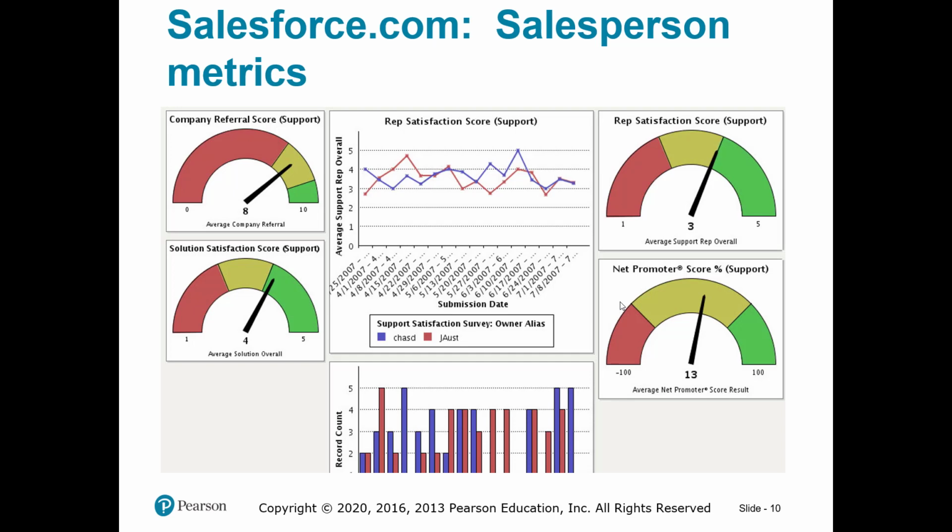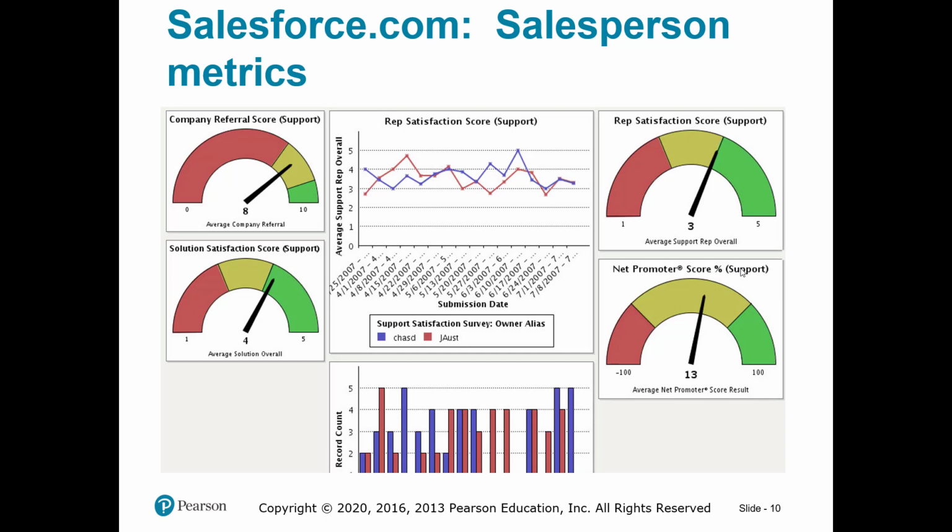So the idea is that salespeople are evaluated and paid, partly based on their sales, but also on a range of metrics: how many referrals they have, their general satisfaction score from the clients, and net promoter score. This is an interesting one. It's a concept from marketing, and it's one single question: how likely are you to recommend this person or this product to other people?